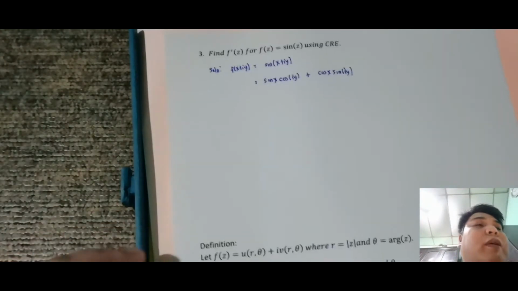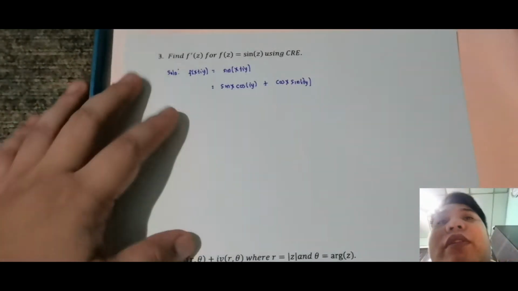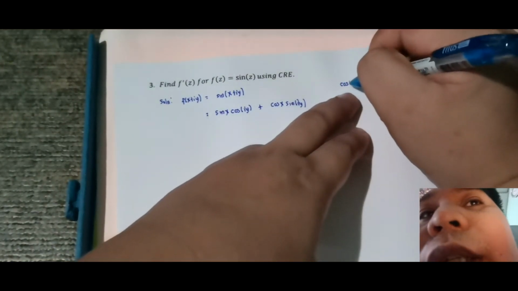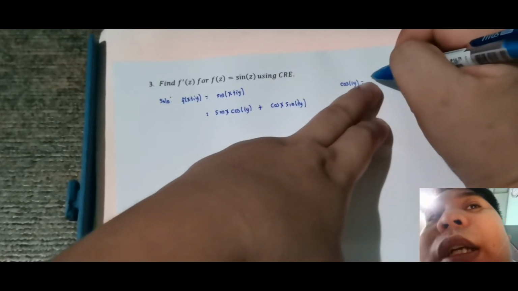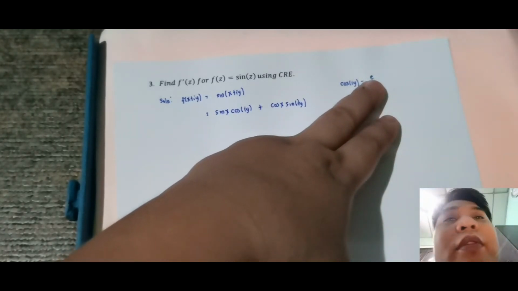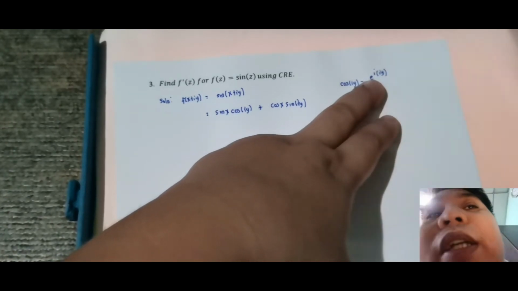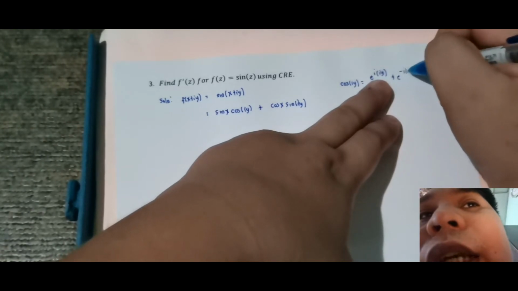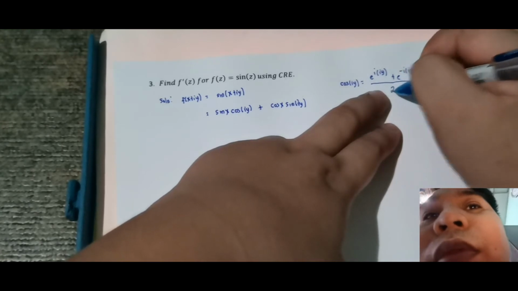Yan. Ito yung problema. Ano yung cosine iy saka sin iy? So using Euler's identity, kung naalala mo, so check lang natin. Si cosine iy using Euler's identity ay equivalent sa e raised to i times iy plus e raised to negative i times iy all over 2.